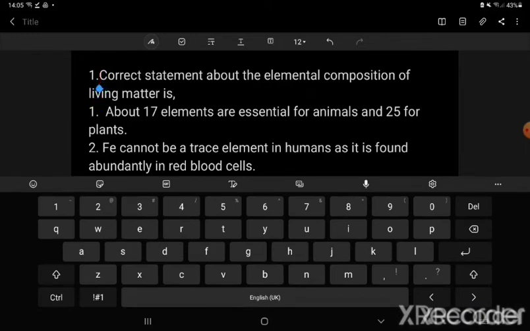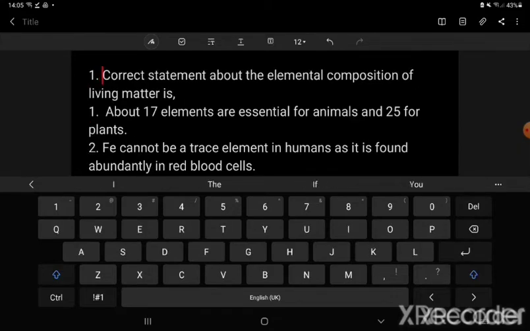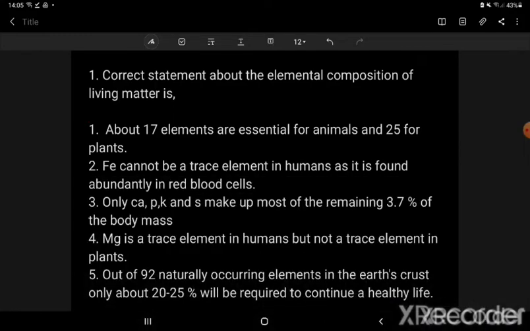First question: the correct statement about the elemental composition of living matter. So underline the words correct statement. First statement: about 17 elements are essential for animals and 25 for plants.